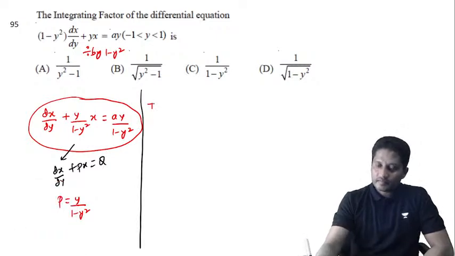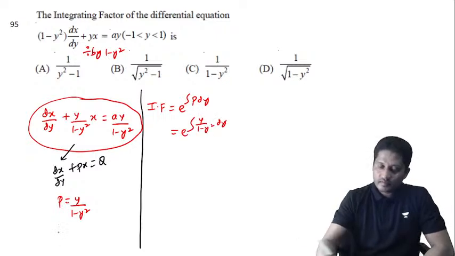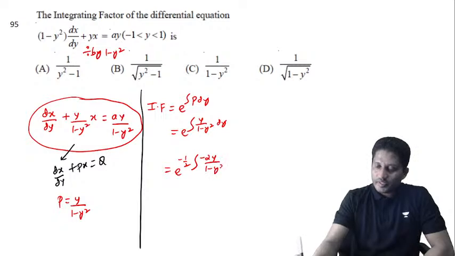Integrating factor is equal to e to the power of integration of P dy, e power integration of y divided by 1 minus y square into dy. Dividing by minus 2 and multiplying by minus 2, e power minus half integration of minus 2y divided by 1 minus y square dy.